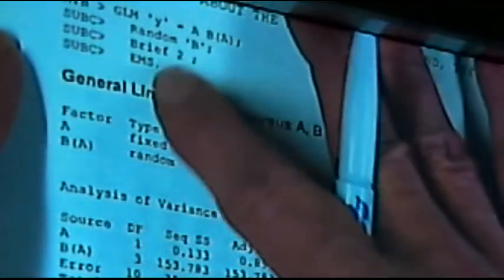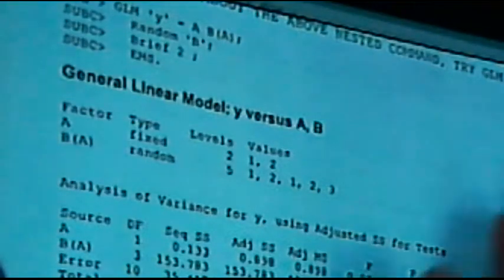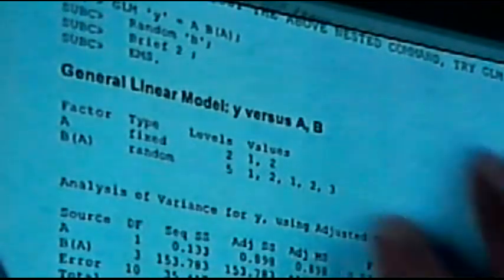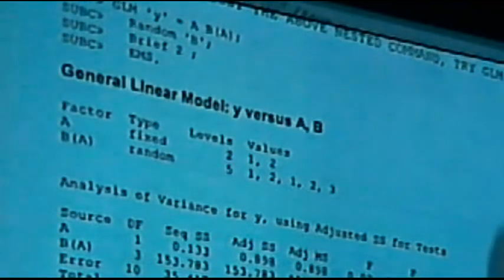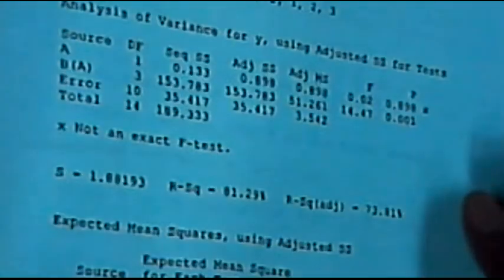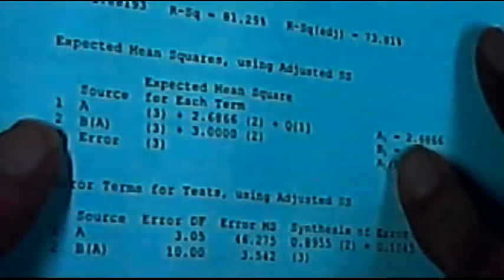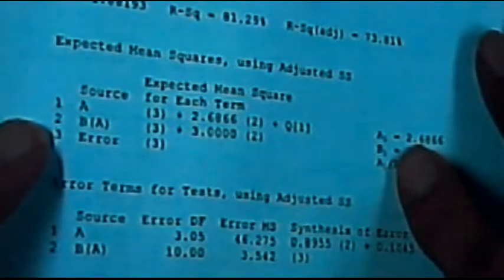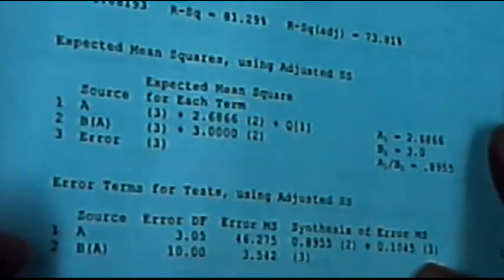B is random, giving the expected mean squares, and so it produced this stuff. Well, here's the ANOVA table. Here's the expected mean squares. The error terms for the tests.